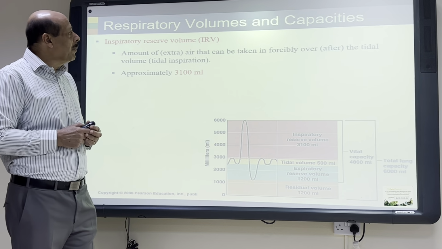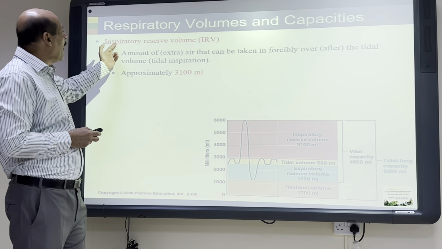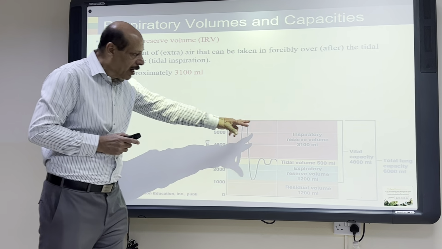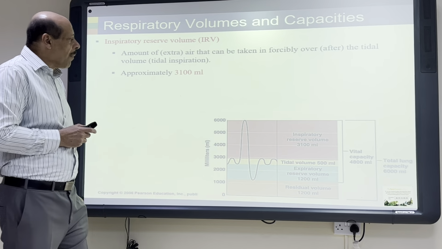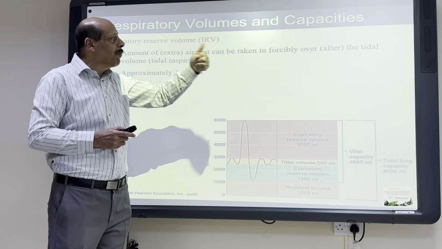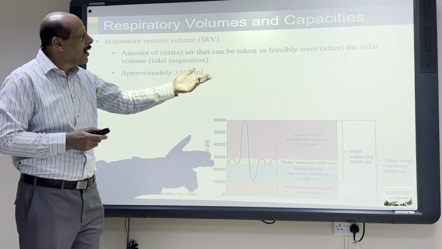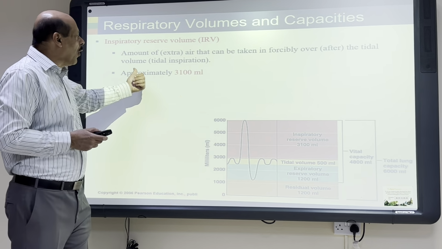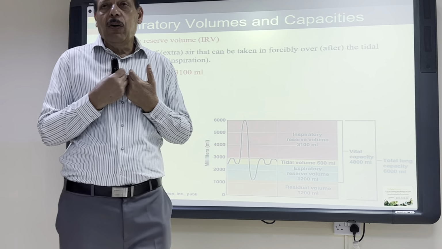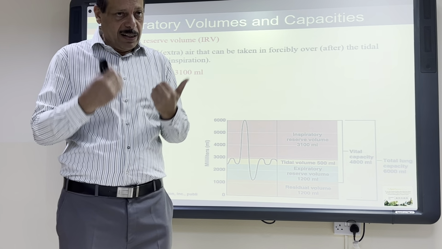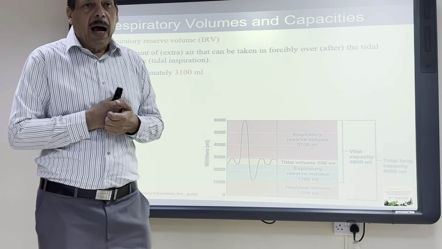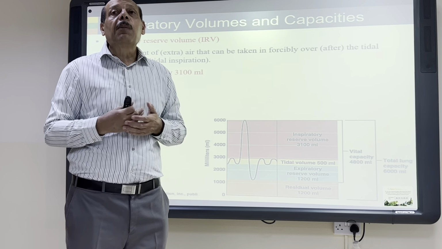So for the respiratory volumes and capacities, we have the inspiratory reserve volume. The inspiratory reserve volume is the amount of extra air that can be taken forcibly over the tidal volume. So after I inhale normally at rest, which is about 500 ml, I can take a deep breath.